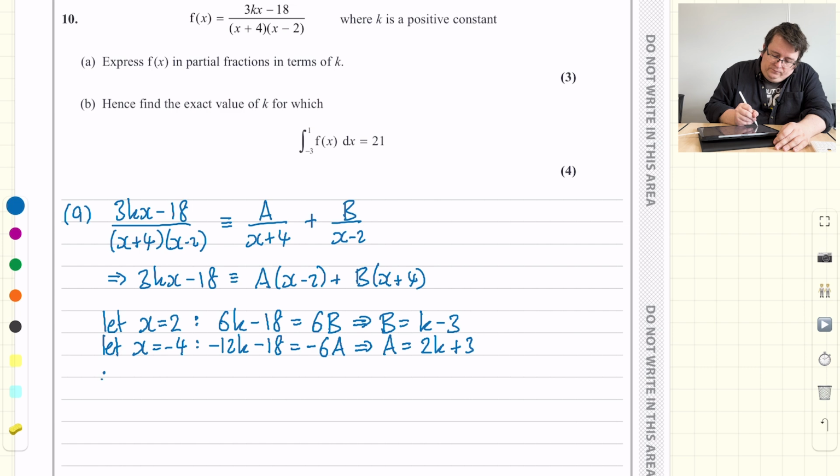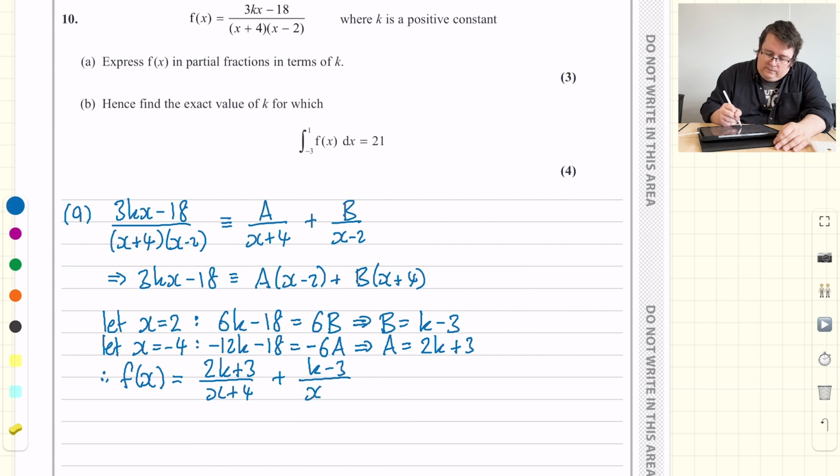So therefore, f of x is equal to 2k plus 3 over x plus 4 plus k take away 3 over x take away 2. Okay, that's the partial fractions bit done.